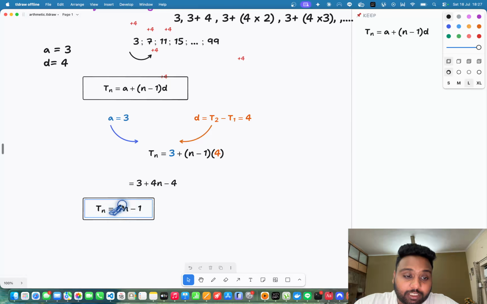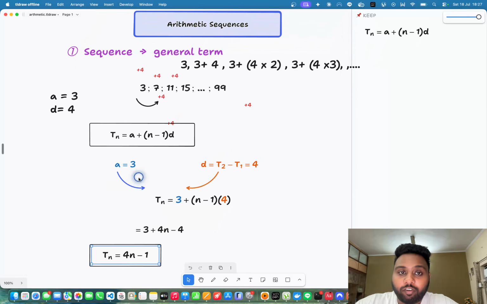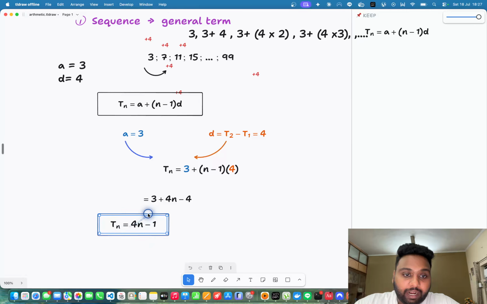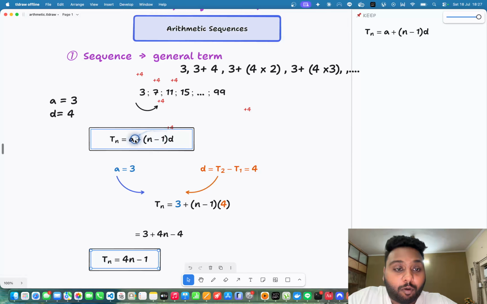Remember, this is just something we derive for each sequence that we are talking about. In future we will have different types of sequences, and each particular sequence will have a different formula for Tn, but this is a general formula that we can apply to any arithmetic sequence.